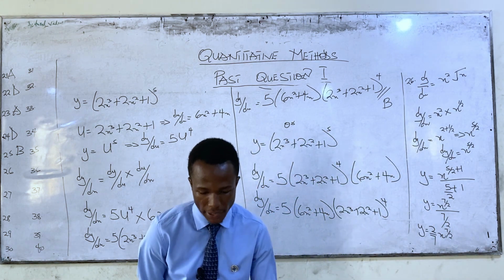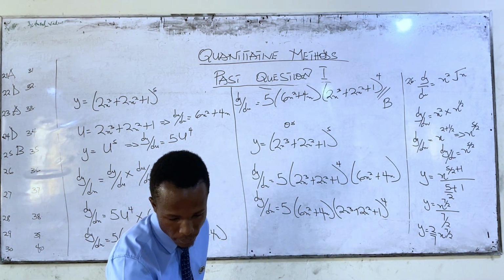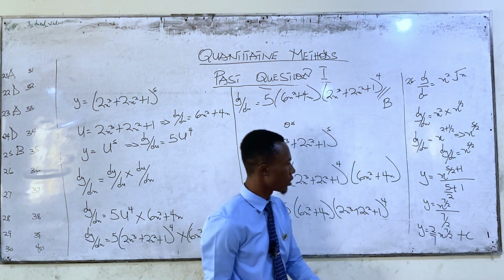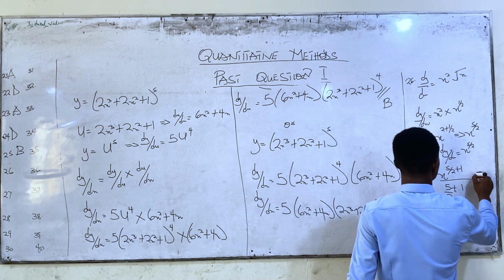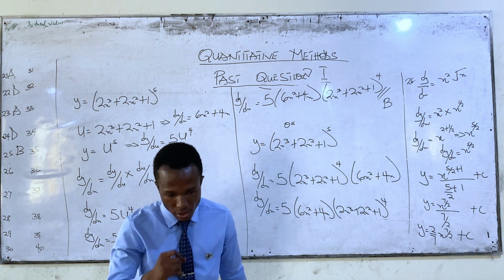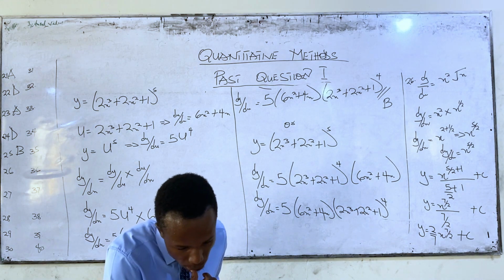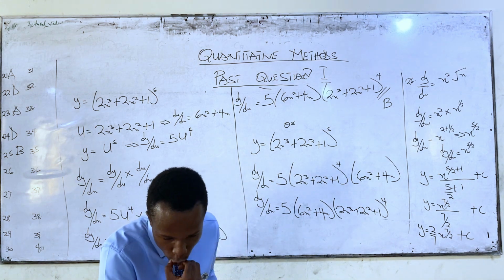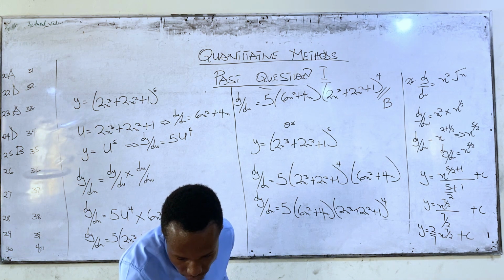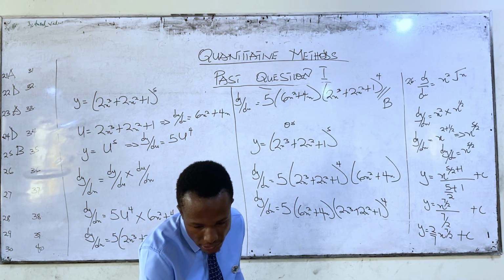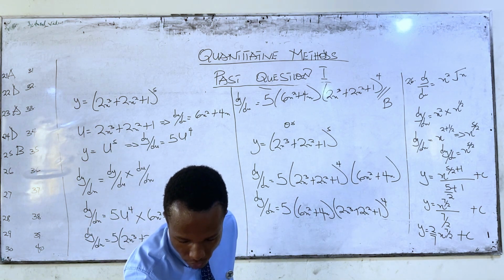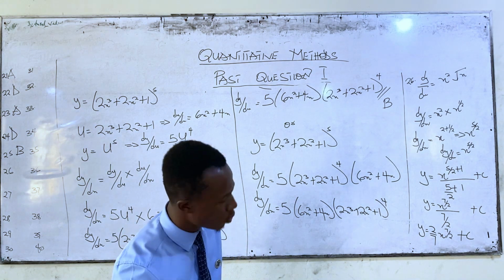That is our final answer. Okay, we shouldn't forget our c because it is integration. So plus c here. So 2 on 7 x exponent 7 on 2, that is option D, right? Yes, option D plus c. Option D plus c. Okay, so now we move on to the next question.